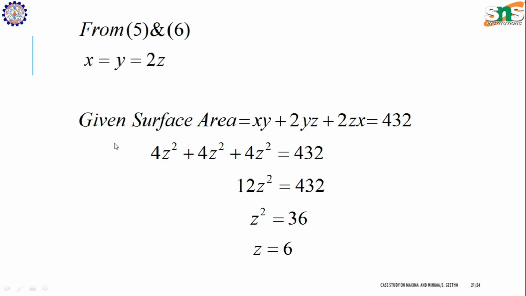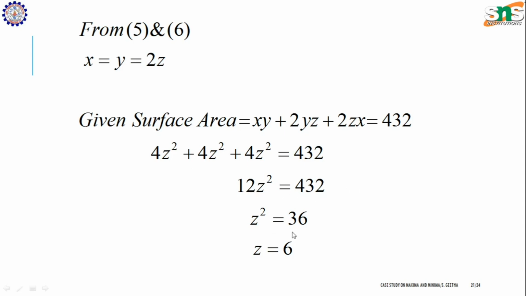Here they have given surface area value equal to xy plus 2yz plus 2zx equal to 432. Now we replace x and y by 2z. We get 4z square plus 4z square plus 4z square equal to 432. That means 12z square equal to 432.